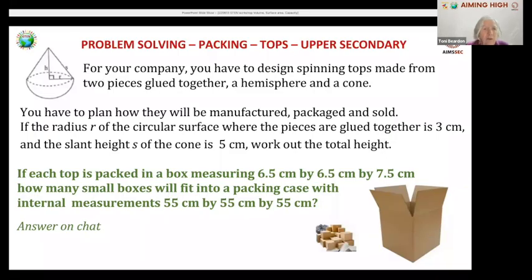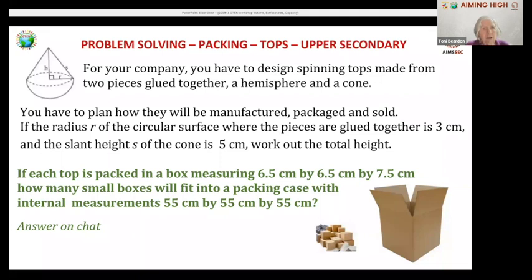So you've got the radius R of the circular surface there, where the pieces are glued together, and that's 3 centimeters. And the slant height S of the cone is 5 centimeters, and you've got to work out the total height.